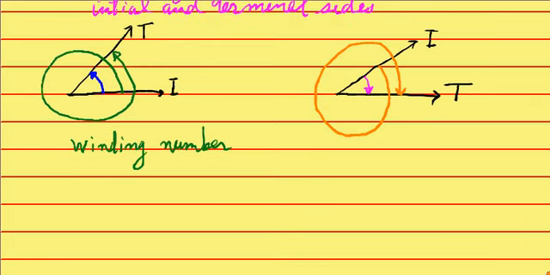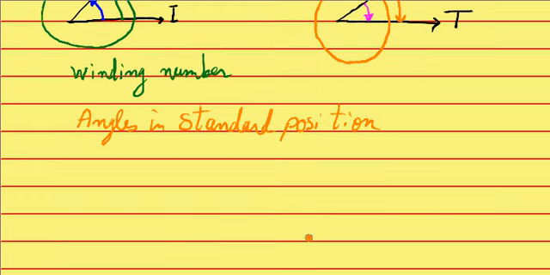Okay, to make this situation a little bit more clear, what we are going to do is to put angles in standard position. So next we are going to talk about angles in standard position. By that we mean that we are going to put our angles on the x-axis on the positive side. So we consider this to be the x-axis.